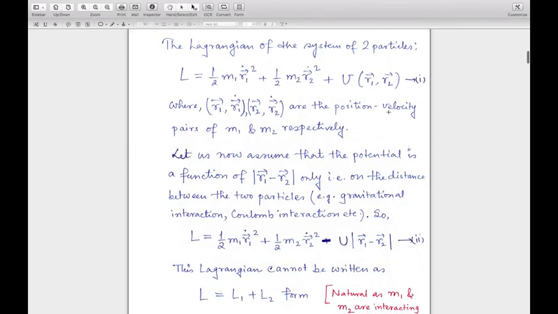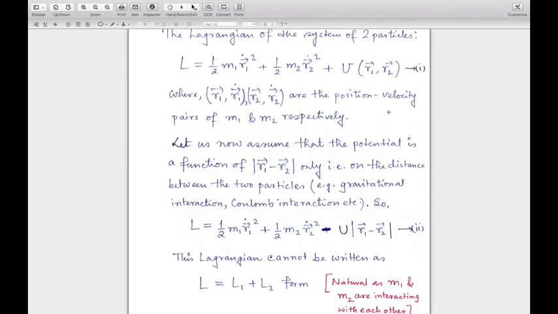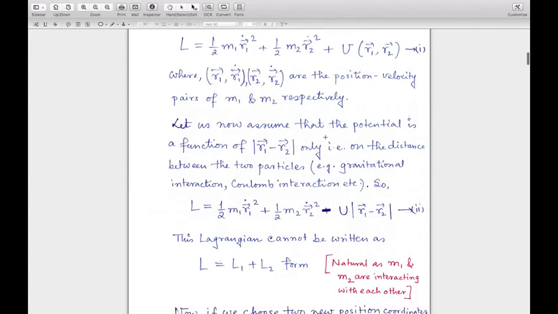Now, in order to simplify the problem, one way is to specify some simplified version of U as well, some restrictive functional form for U. And that's exactly what we are doing here. Let us now assume that the potential is a function of the modulus of r1 minus r2 only.